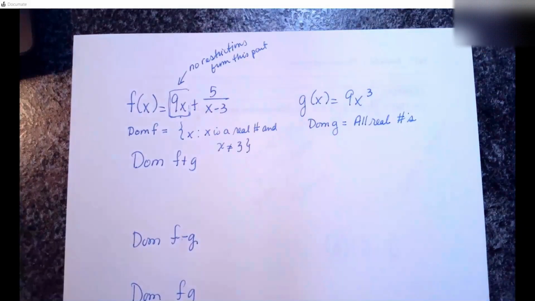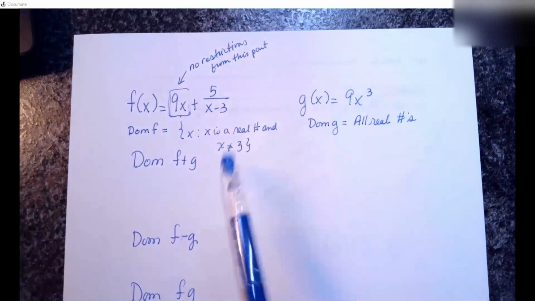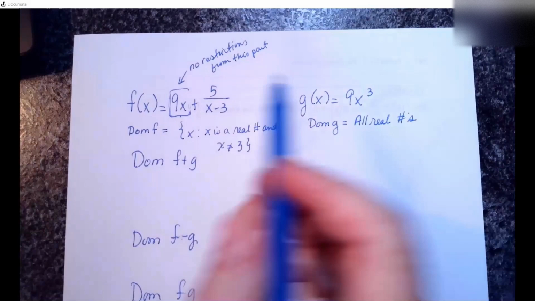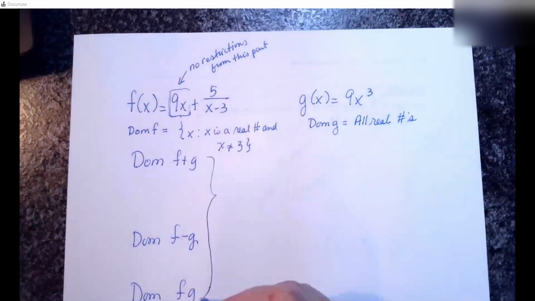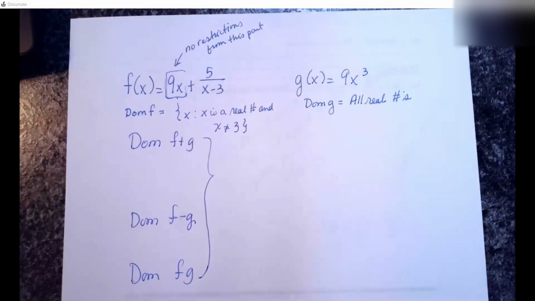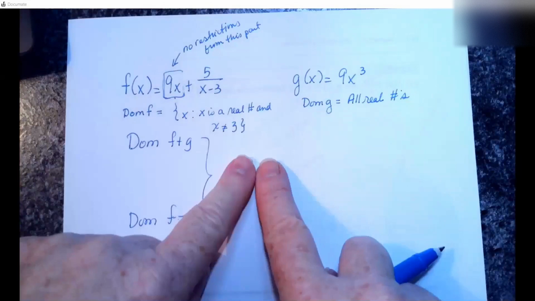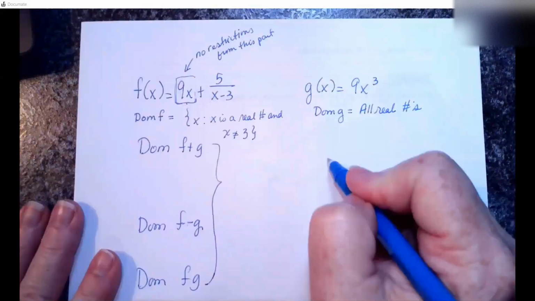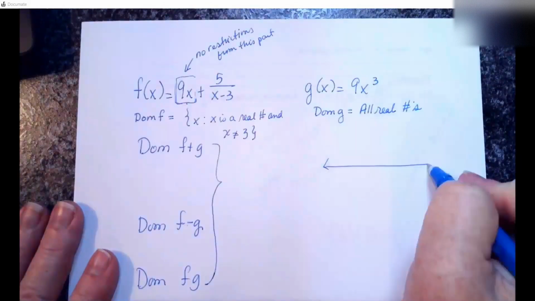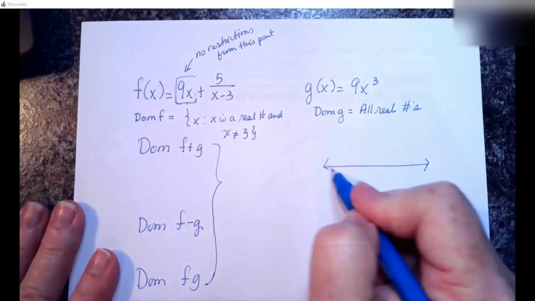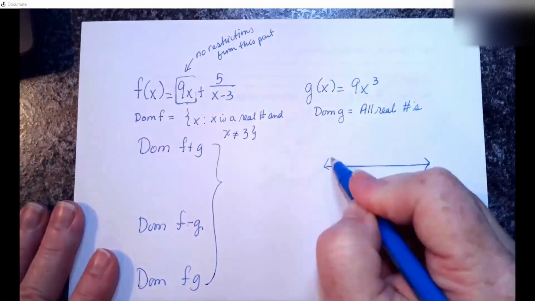Now, those are the two domains of the original functions. To find the domain of F plus G, F minus G, and F times G, we're going to figure out what they have in common. If you look at the graph on the real number line, the domain of G is the blue line, the whole thing.